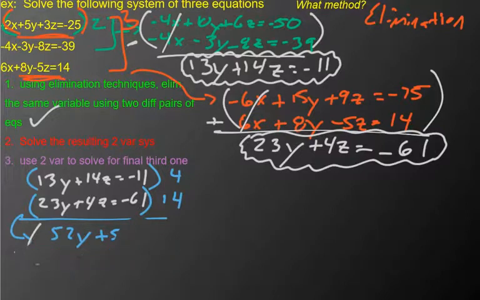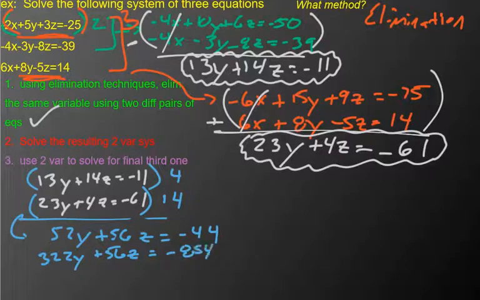Sorry about that. Okay, so that's 52, that is 56, definitely, that is negative 44. And then this is definitely 322, this is 56, and this is negative 854.